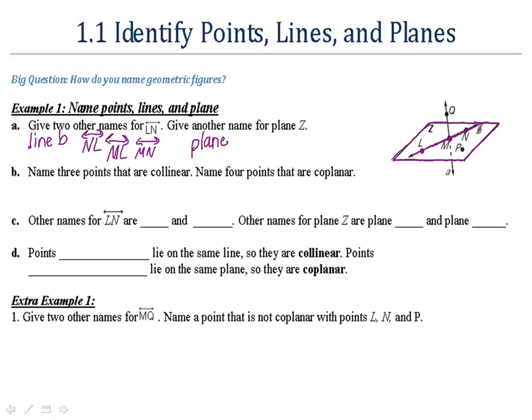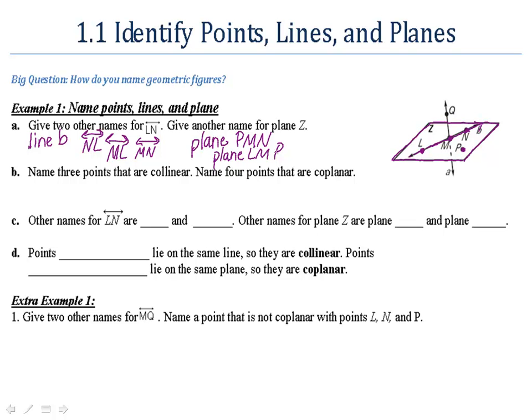Here's my plane Z. So 3 points on there would be L, M, N, and P is also on that plane. So we could use any combination of those. So I'm going to say plane PMN. You could also say plane LMP. Those would be options. Any 3 combination of those letters.